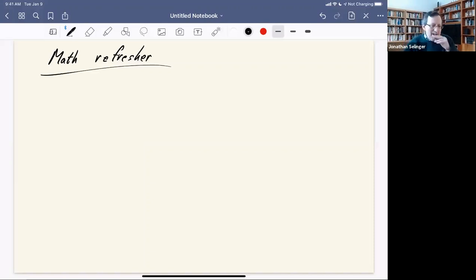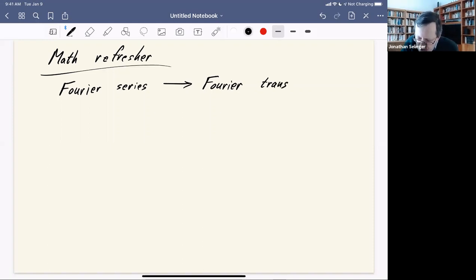So let's start with the idea of a Fourier series, because we talked about Fourier series earlier in this semester for the particle in a box. What I want to show you here is the way to extend the concept of a Fourier series to a Fourier transformation, to show you how these concepts are related to each other.